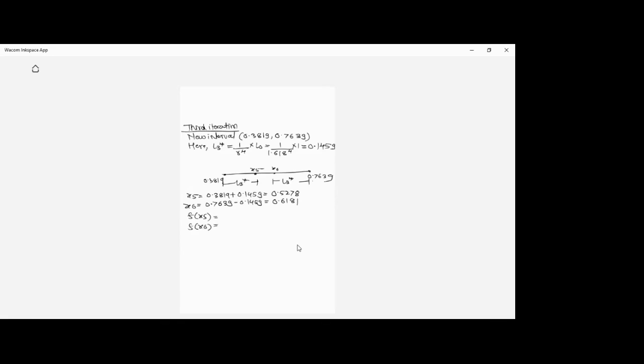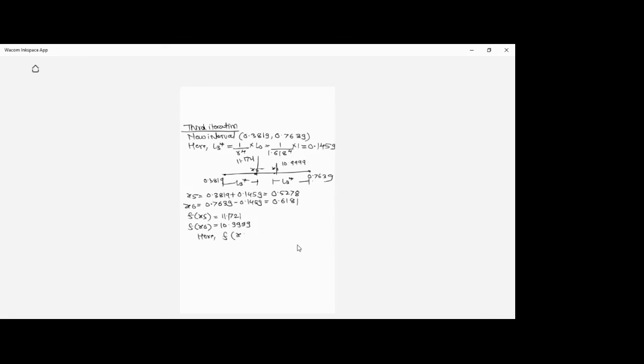According to my calculation, f of x5 comes out to be 11.1721, and f of x6 comes out to be 10.9999. So f of x5 is on the higher side and f of x6 is on the lower side, right?